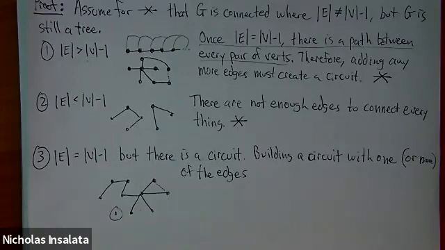So what do you guys think? What's going to happen if we build a circuit with one or more of the edges?